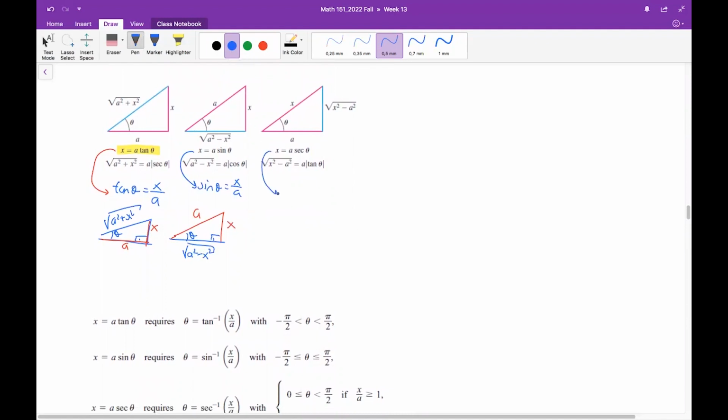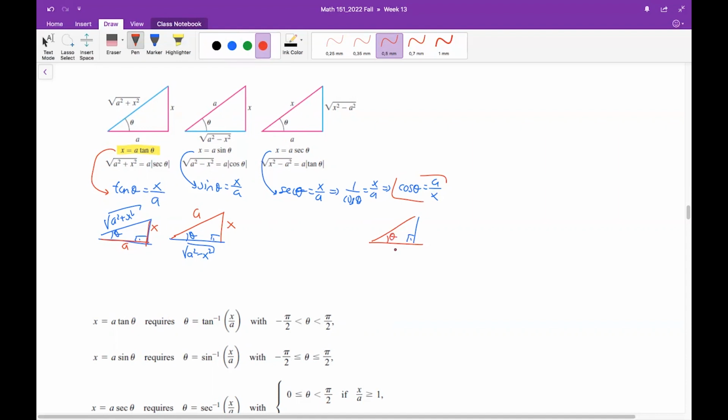And similarly for the third case, you read secant theta as x over a here. Secant theta means 1 over cosine theta, right? 1 over cosine theta is x over a, so cosine theta is a over x. By reading this information, you can easily draw a right triangle of this kind, where theta is here.